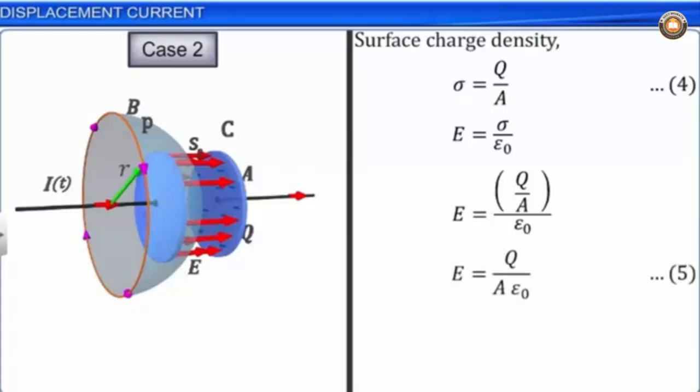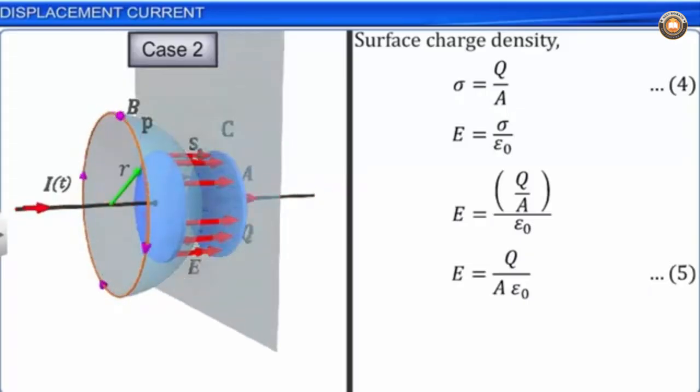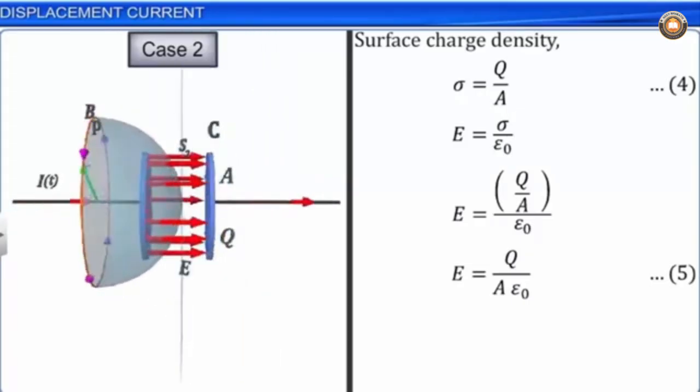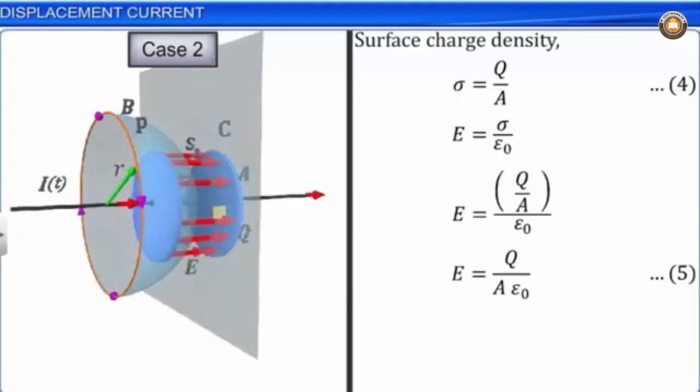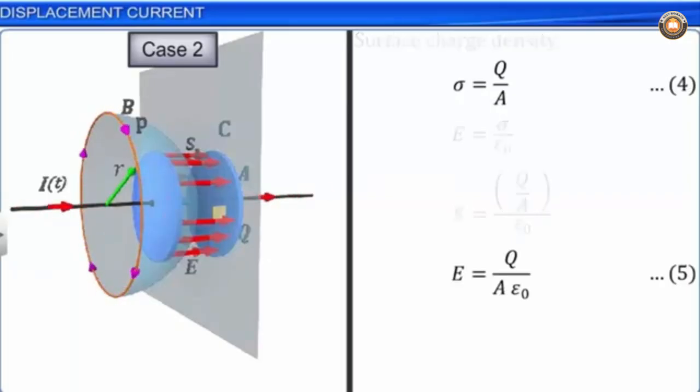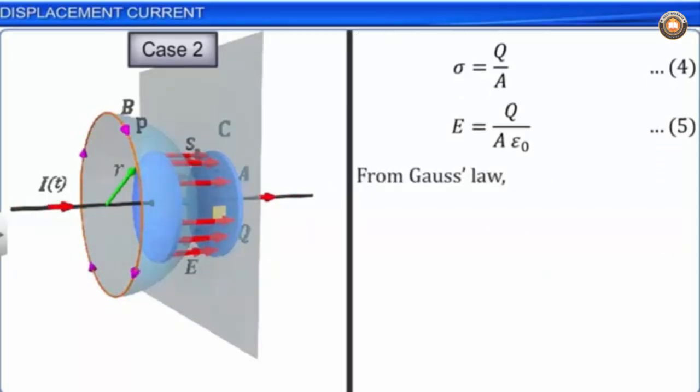Here, the electric field is perpendicular to the plane of the bottom surface of S2. Hence, the area vector of the bottom surface of S2 and the electric field are in the same direction, and maximum electric flux passes through the surface. We know from Gauss's law that the electric flux through the surface phi E is equal to EA.